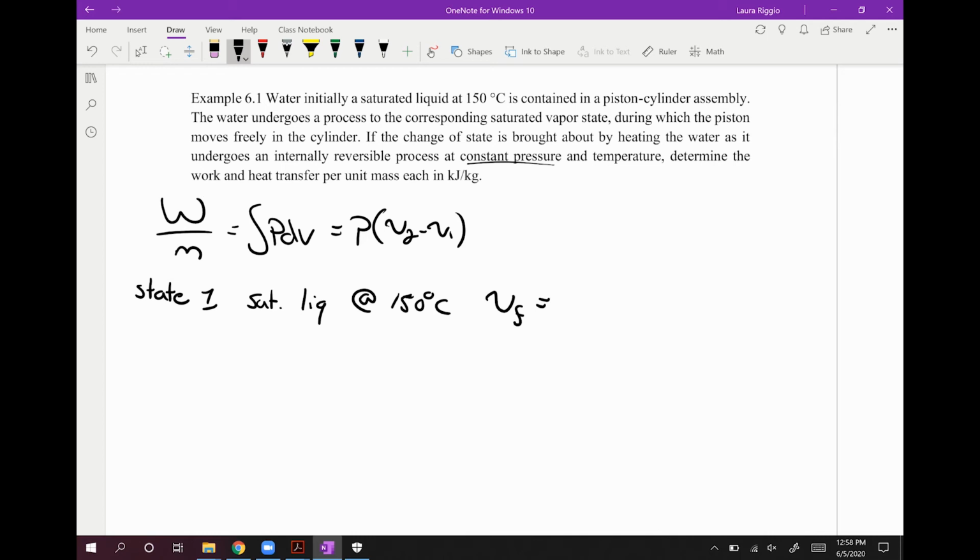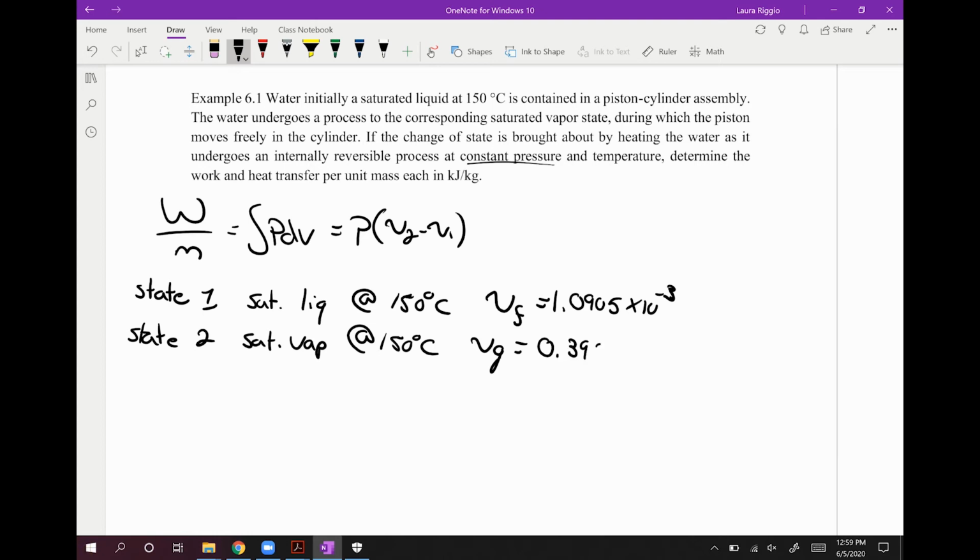We know that vf is 1.0905 times 10 to the minus 3. And state 2 is saturated vapor, still at 150 degrees Celsius. So we know that vg is 0.3928 meters cubed per kilogram.